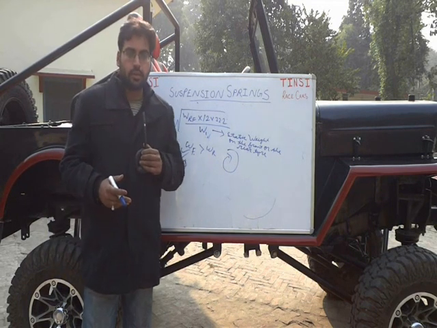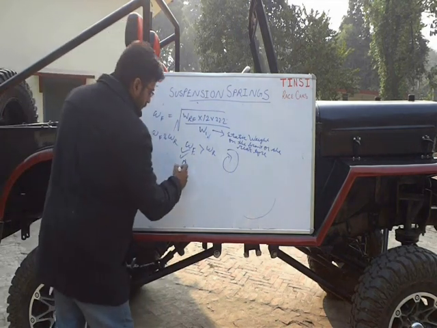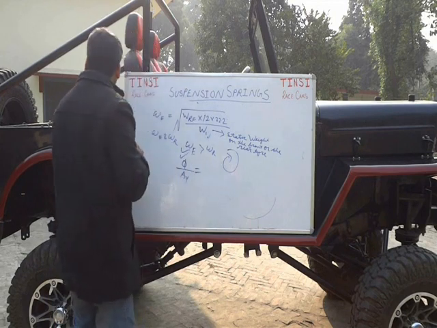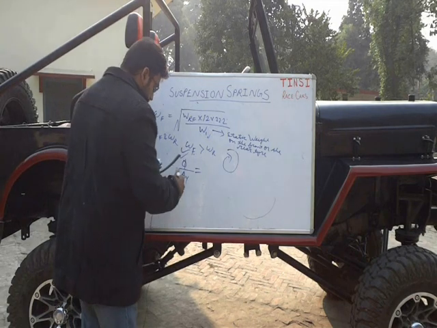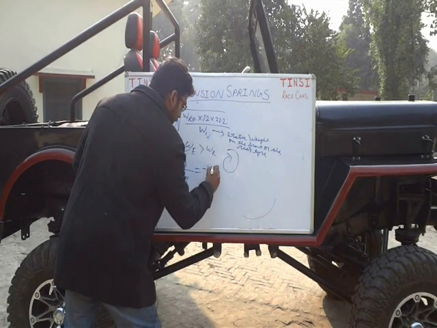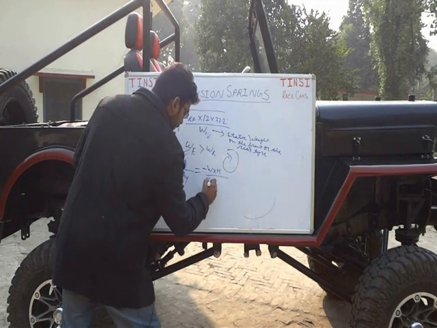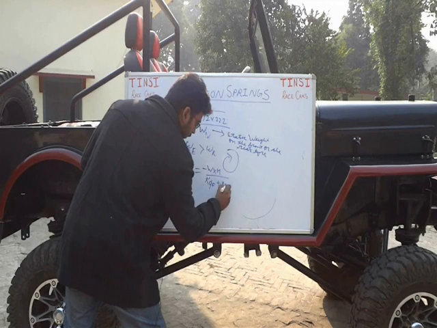We have experienced that. So we don't want any roll in cornering. So we find that here: roll gradient is equal to minus W into H divided by the sum of the front and the rear roll rates.